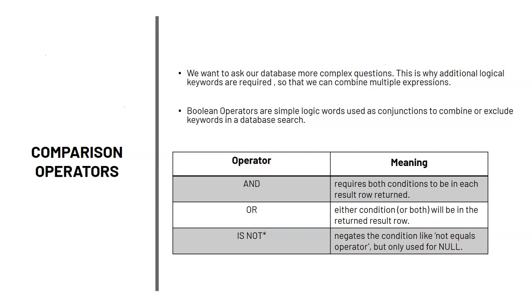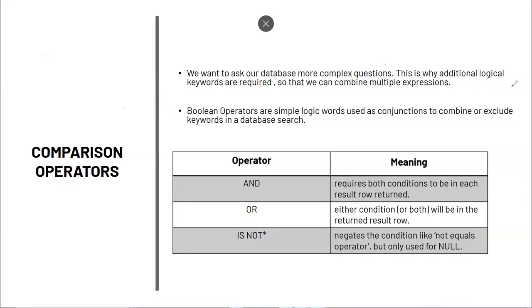Okay, for example, now let's say we have a table, a customers table. In our customer table we have customer name, customer ID. I think the ID should be the first thing.